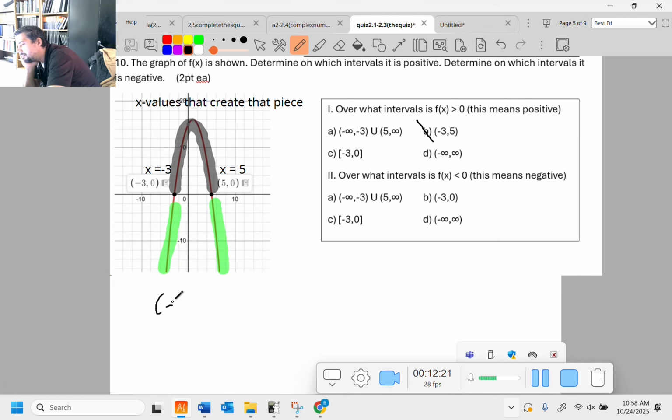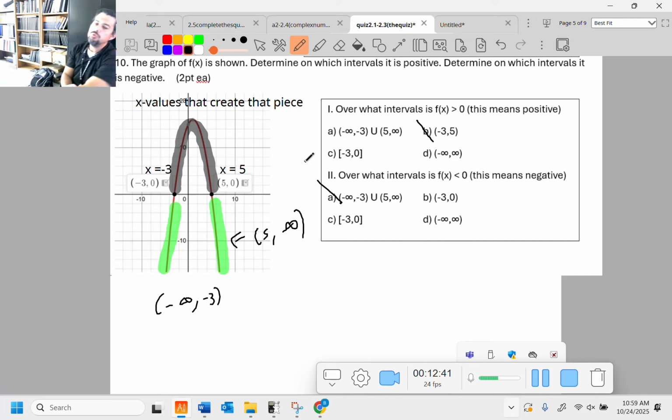And it stops being drawn when x hits -3 or gets really close to it. This piece starts getting drawn when x is 5, and it never, ever stops being drawn. So I'm looking for negative infinity to -3 unioned with 5 to positive infinity.